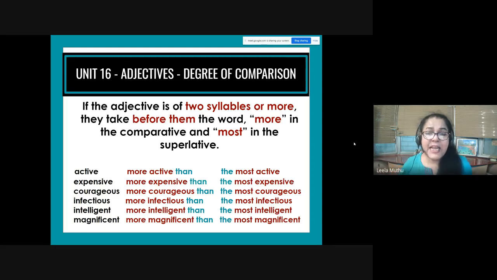Infectious disease: the cold is very infectious. You can catch a cold from anybody. It is infectious. But COVID-19 is more infectious than the cold. Oh my God, what are you talking about? COVID-19 is the most infectious. It is passed through just sneezing, and another person gets infected, if he's or she's close enough, if you've got COVID-19.